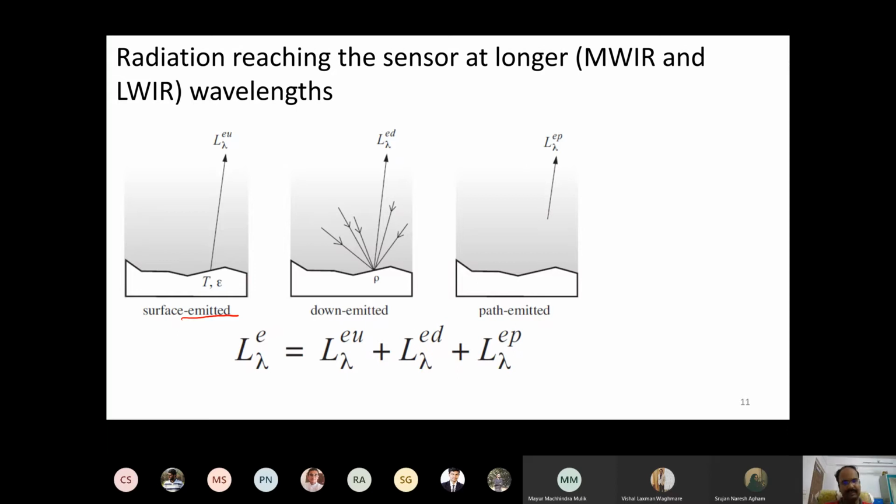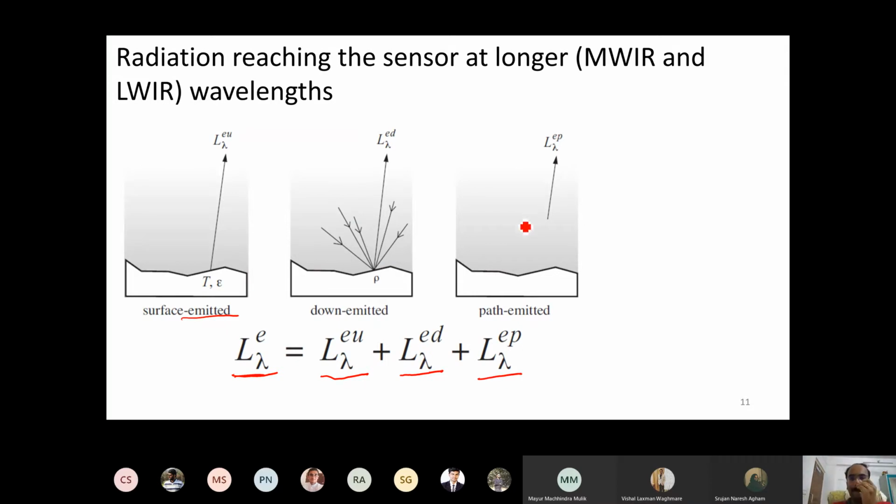Here also we have 3 different paths very similar to that. So the total radiance reaching the sensor is composed of a direct emitted component, a surface reflected path emitted component, and the direct path emitted component.